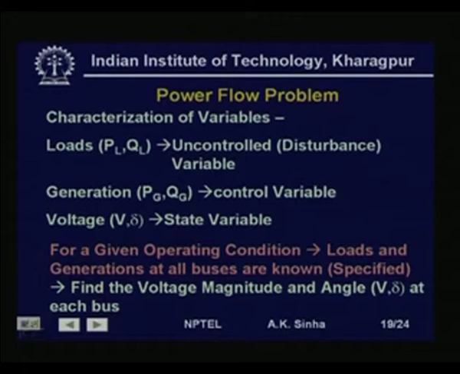These loads are controlled only by consumers and the power system has no control on them. Therefore, these variables are called uncontrolled variables or disturbance variables, whereas generation PG and QG are controlled by the power system operator.